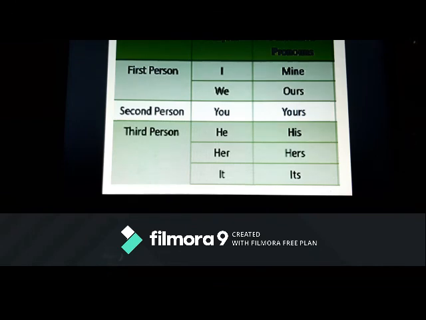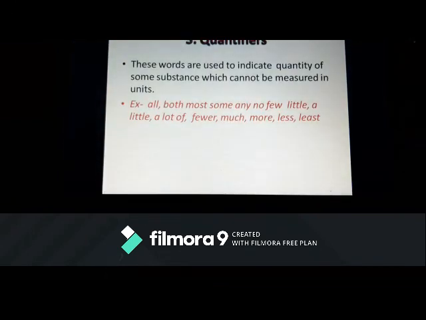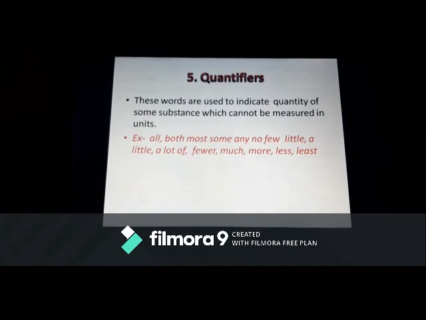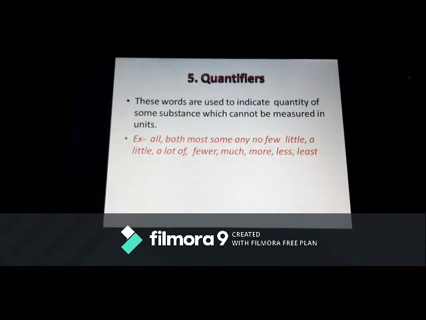Okay, so going to the next topic, that is quantifiers. What are quantifiers? These words are used to indicate quantity of some substance which cannot be measured in units. Those are uncountable substances, right?